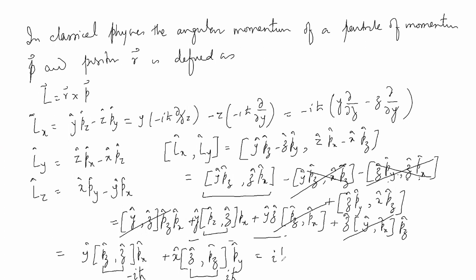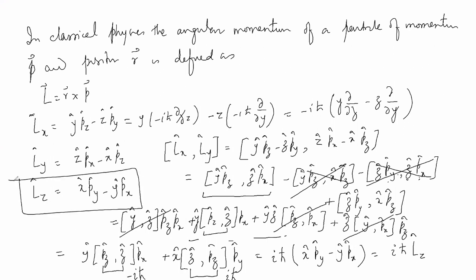Therefore, this is i h cross (XPY minus YPX), and this is nothing but i h cross Lz. Are you getting me? Yes, sir.